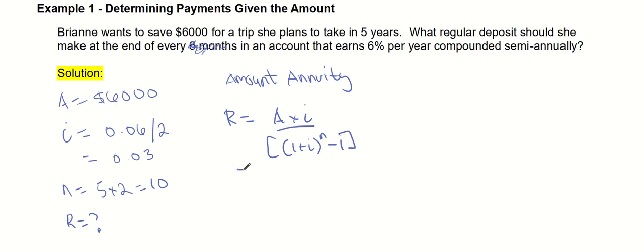There we go. And let's drop our numbers in. We have 6,000, and our interest is 0.03 divided by 1 minus bracket, 1 plus the interest again, 0.03, and bracket, and the period is 10, minus 10.